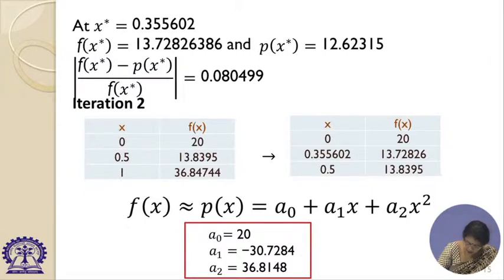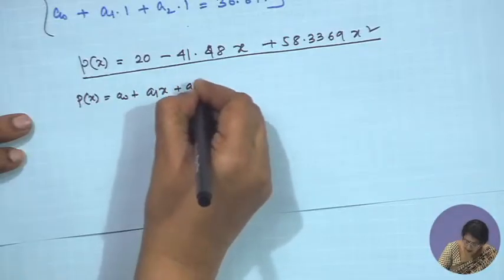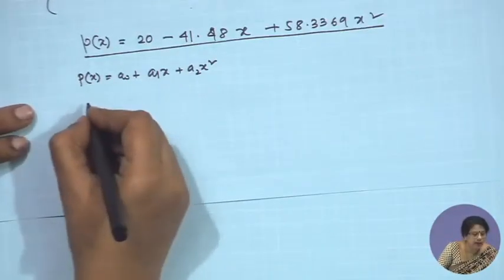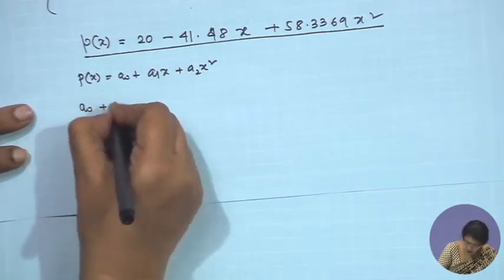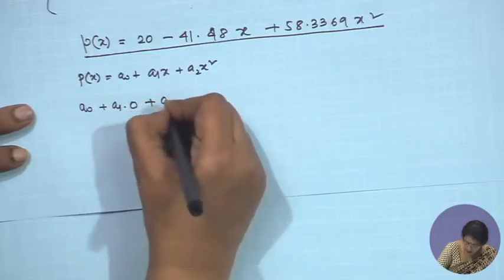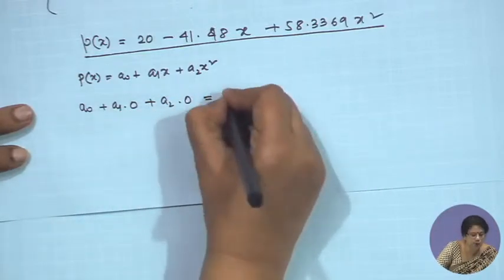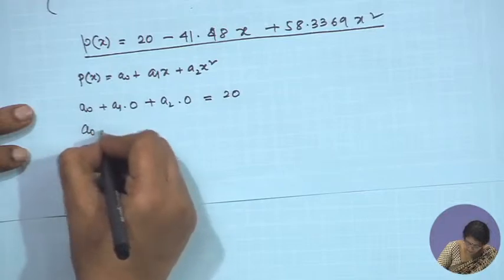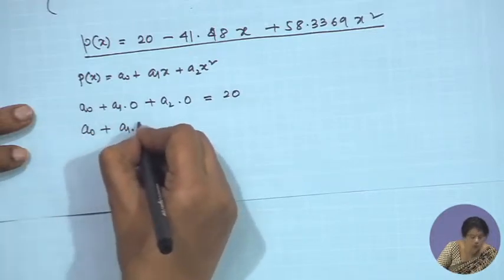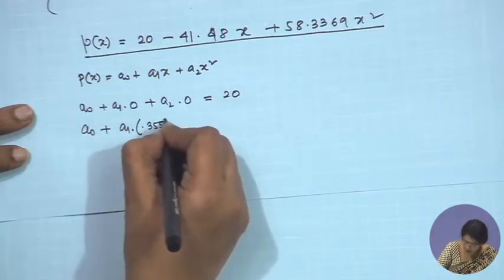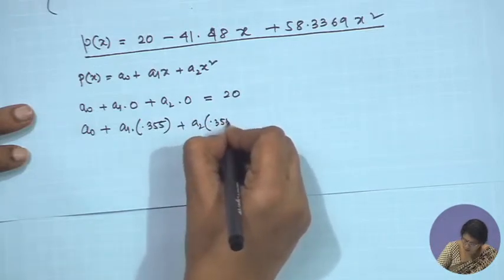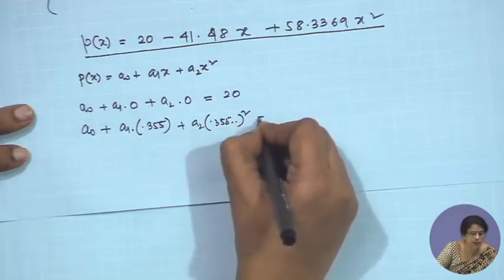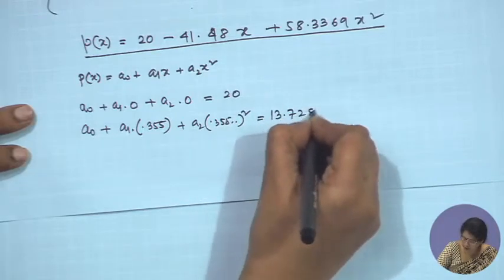We have the polynomial p x is equal to a naught plus a 1 x plus a 2 x square. Then a naught plus a 1 into 0 plus a 2 into 0 is equal to 20. A naught plus A1 into 0.355 plus A2 into 0.355 square is equal to 13.728.